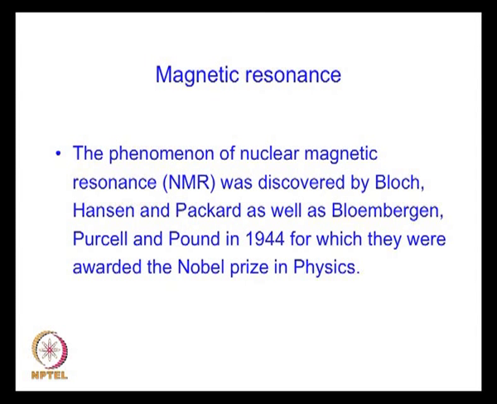One was Bloch, Hansen and Packard. The other set of people were Bloembergen, Purcell and Pound. Both sets were awarded the Nobel Prize in Physics for this great discovery.